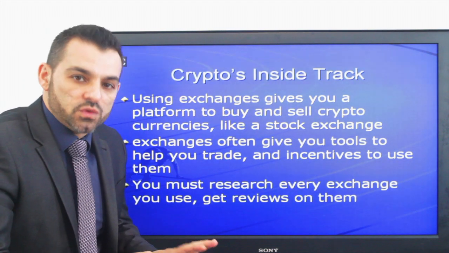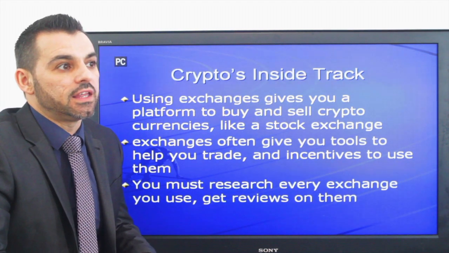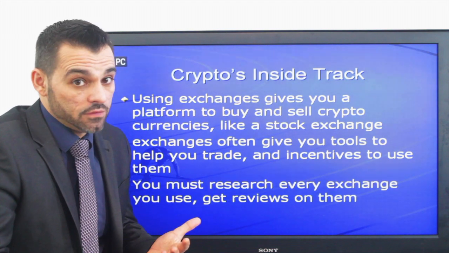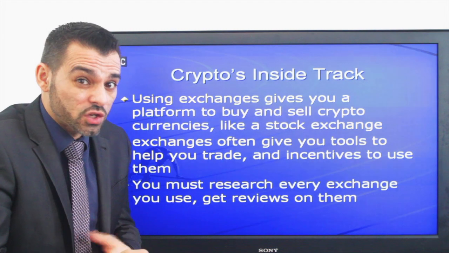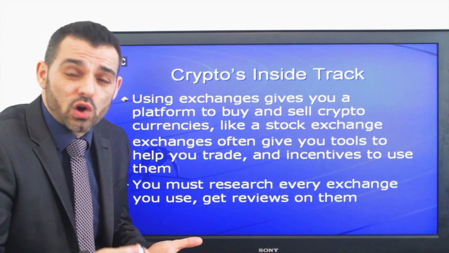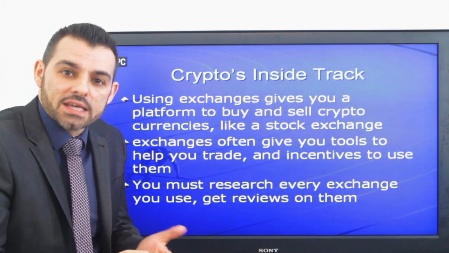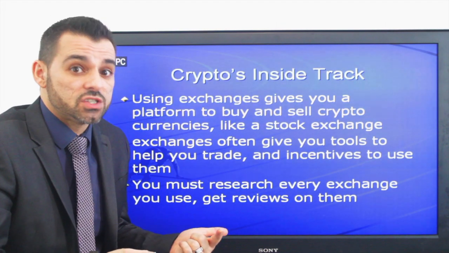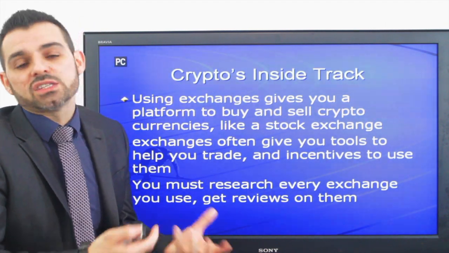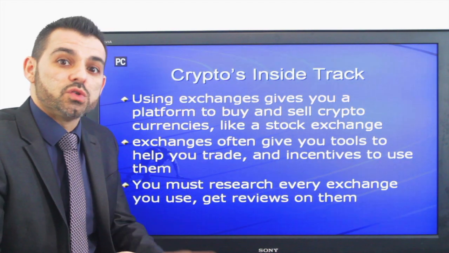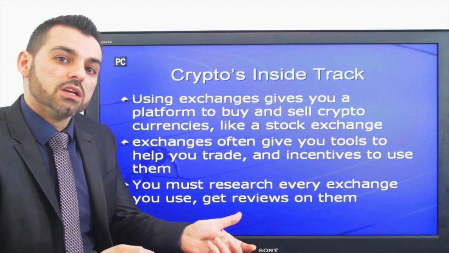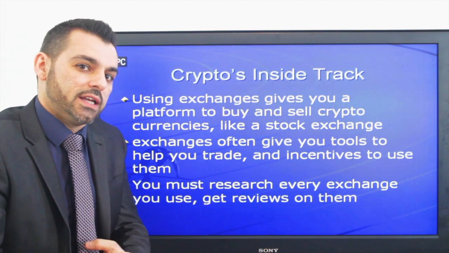One of the benefits of using exchanges is that they often give you tools and incentives. For example, one of the exchanges that I use, which is probably one of the most common ones, every time I can get somebody to sign up to that exchange, I get X amount of dollars given to my account, because they use an address that I give them to sign up with, and then that gets credited to my account.